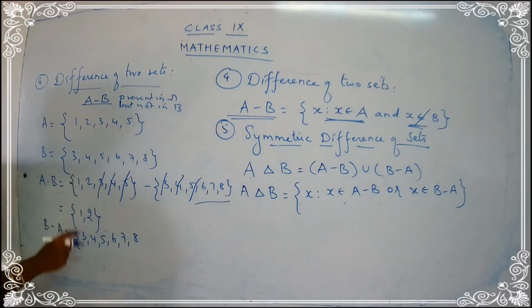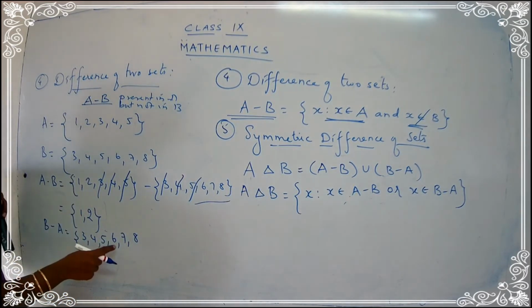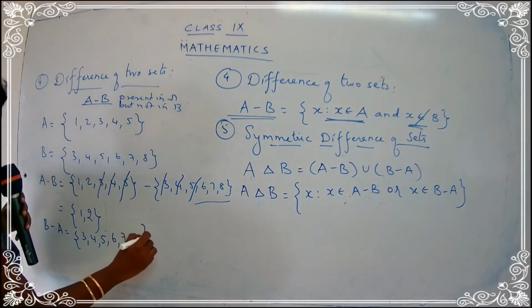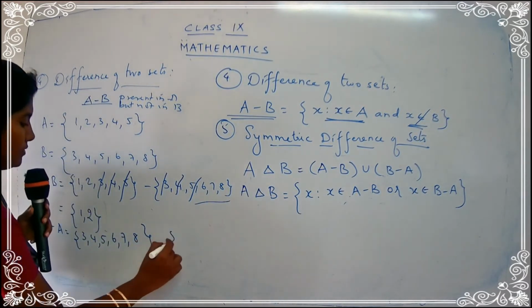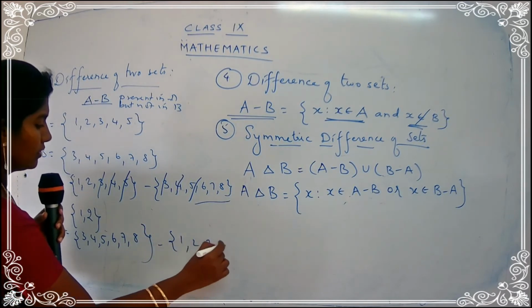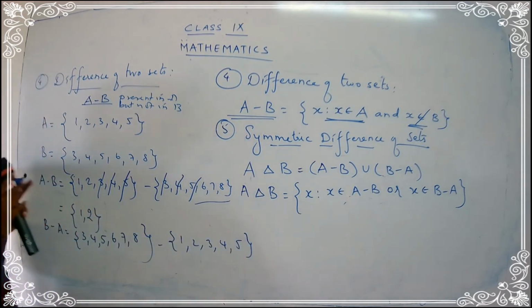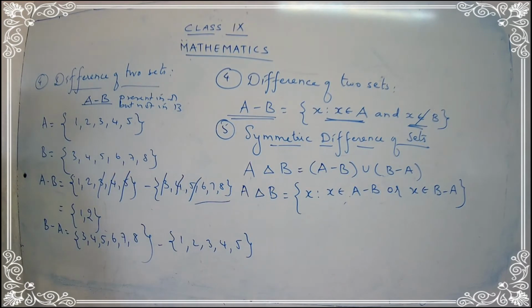Set B: 3, 4, 5, 6, 7, 8 minus A. What is A, children? 1, 2, 3, 4, 5. I hope you are clear with this part. So B minus A is equal to 3, 4, 5, 6, 7, 8 minus 1, 2, 3, 4, 5.